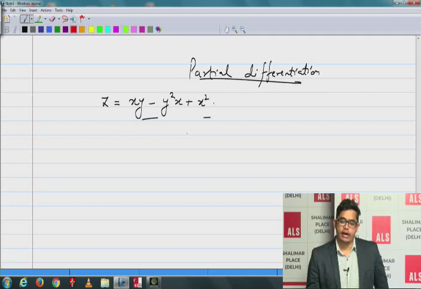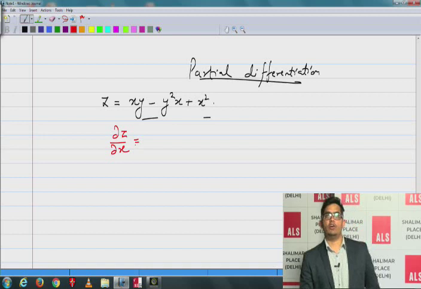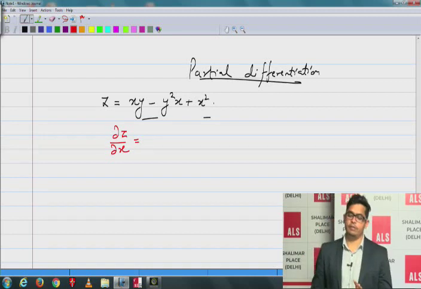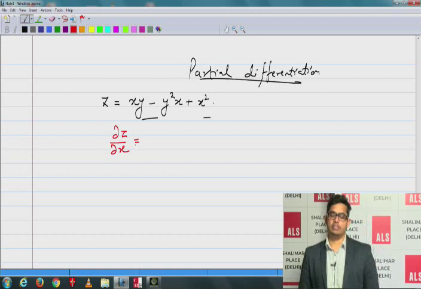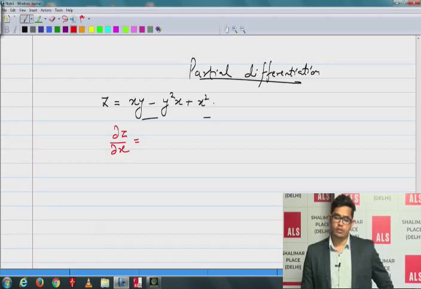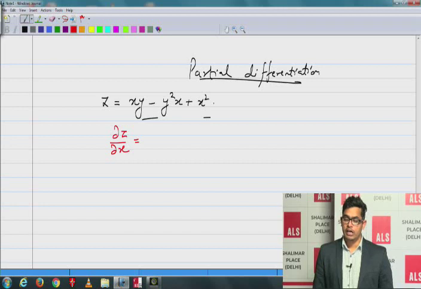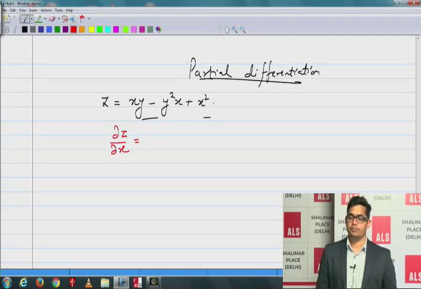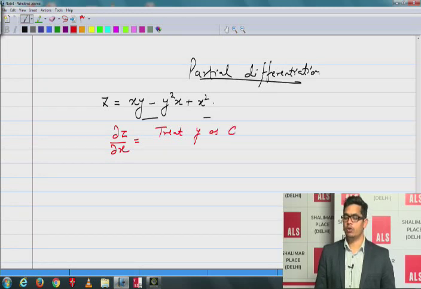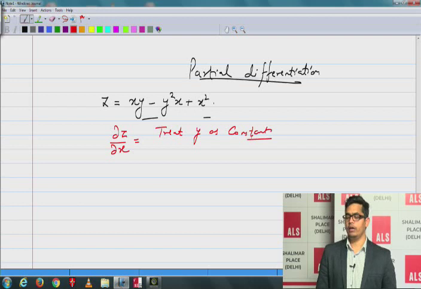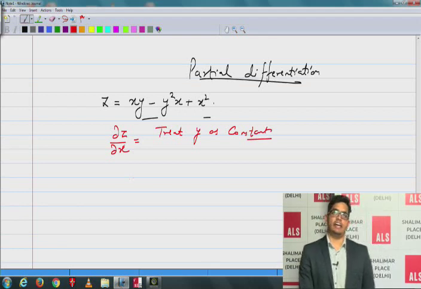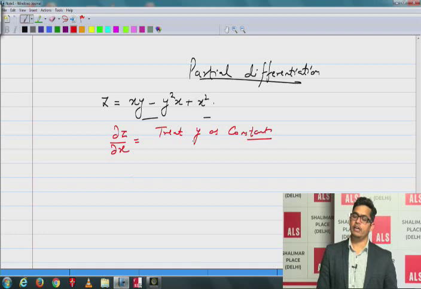If I want to find del z by del x, we cannot find the net differentiation, but we can find the partial differentiation. So how do we calculate it? Partial differentiation is calculated just like normal simple differentiation, but the only difference is, when we are doing it with respect to x, treat y as constant. We have to differentiate z with respect to x, treating everything else as constant.